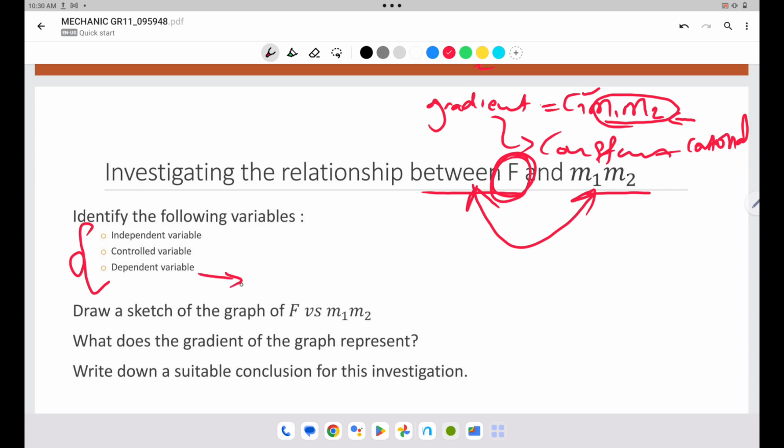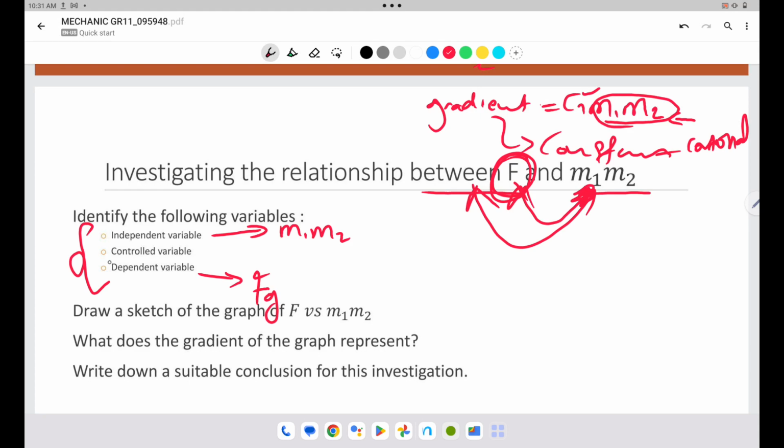So for this investigation, we have the force Fg as our dependent variable. Which one will be the independent? It will be the product of m1 and m2. So we want to know what the relationship is between these two. So what we need to do is change one of them. Which one can we change? It's the product of the masses. And the other one, as mentioned, is always the dependent variable in this investigation.